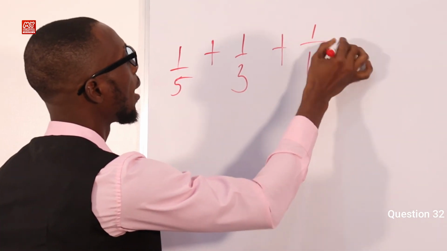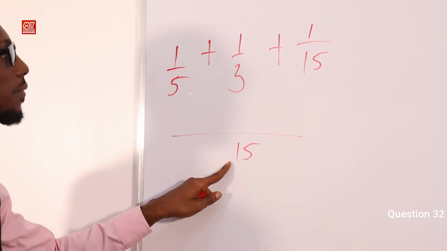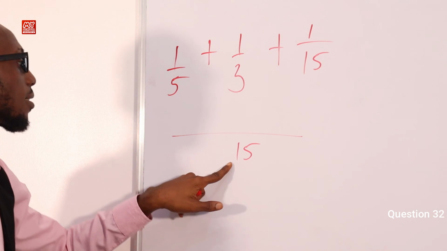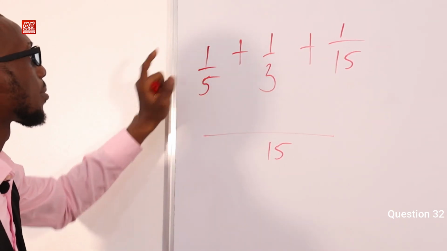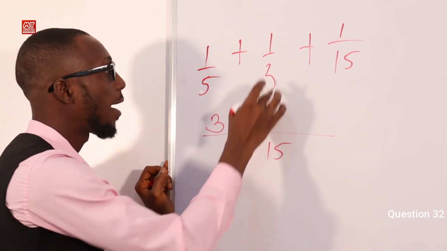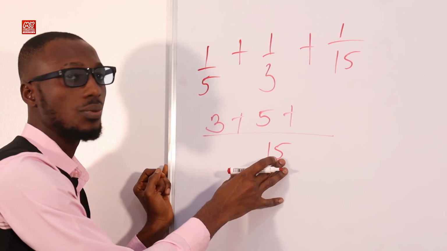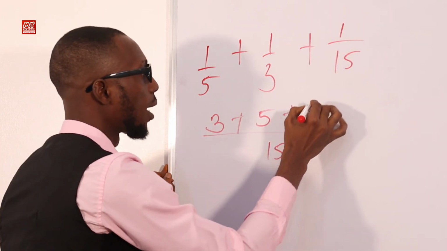So the LCM here is 15. 5 in 15 is 3. 3 times 1, we have 3, plus 3 in 15 is 5. 5 times 1, we have 5, plus 15 in 15 is 1. 1 times 1, we have 1.